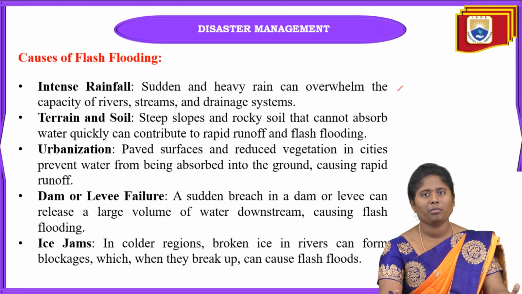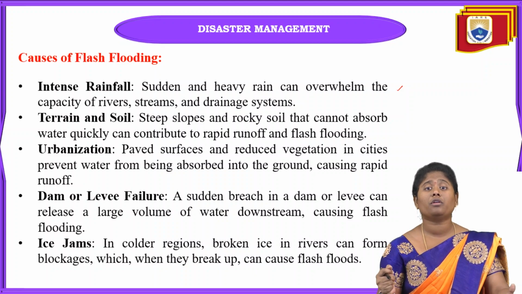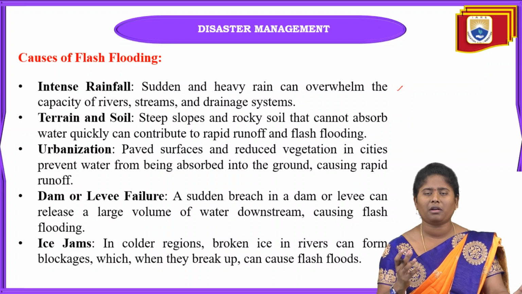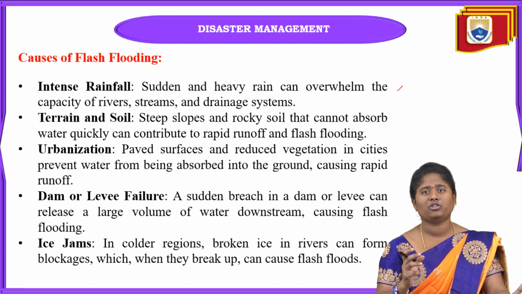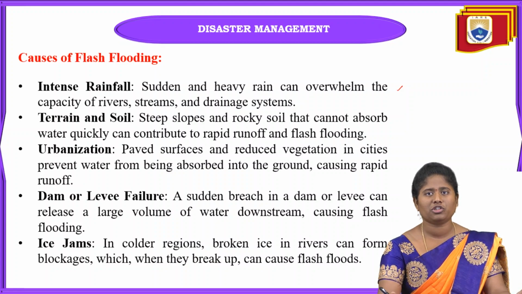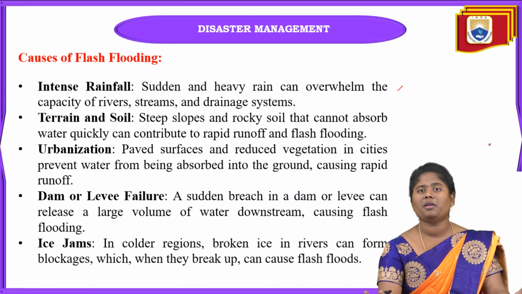If trees are there, they will absorb the water and grow. But without trees, the ground cannot be saturated easily. Because of the reduction of vegetation and the prevention of water absorption, rapid flooding takes place.